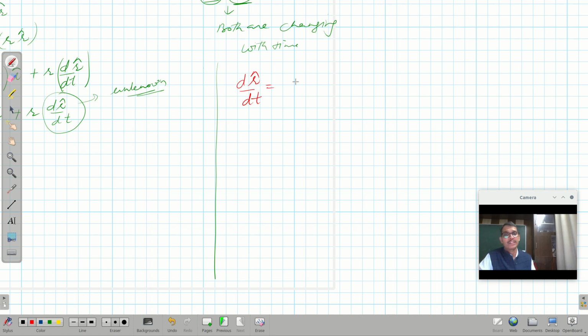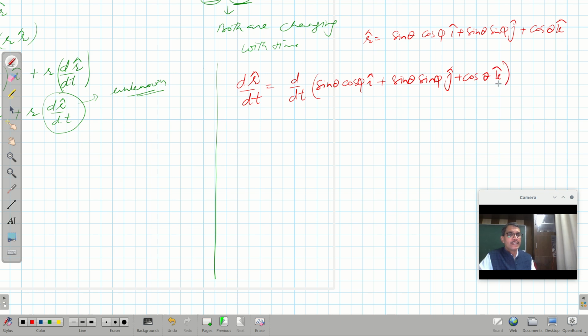So d upon dt of r cap, and as we know, r cap is equal to sine theta cos phi i cap plus sine theta sine phi j cap plus cos theta k cap.